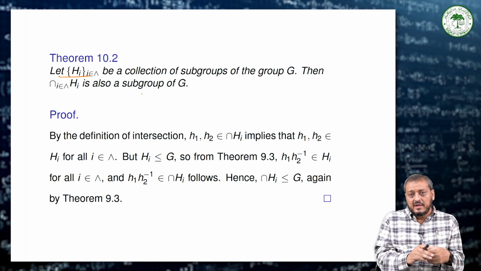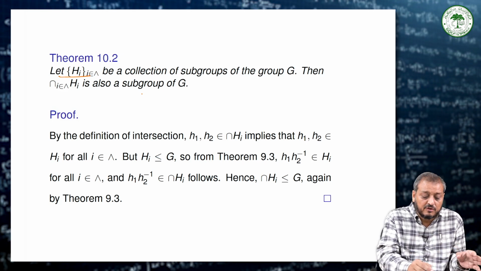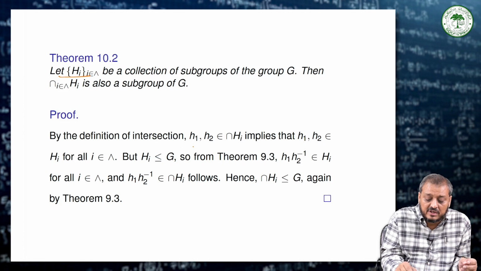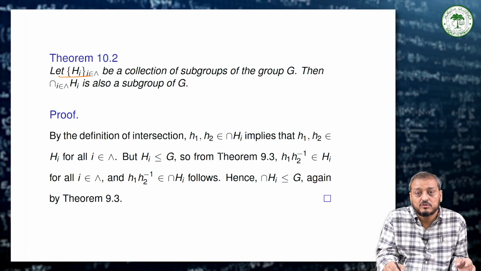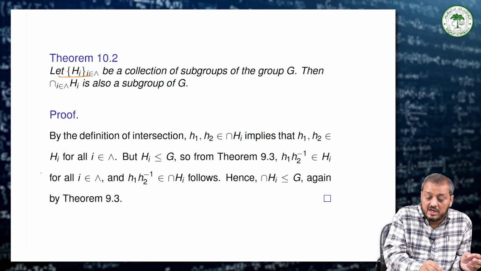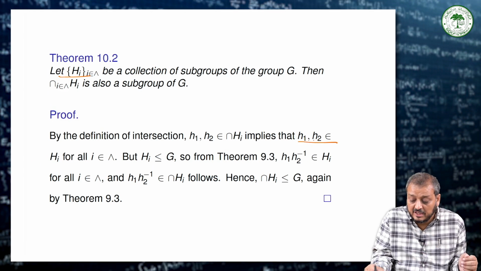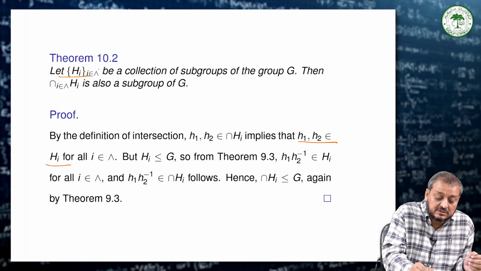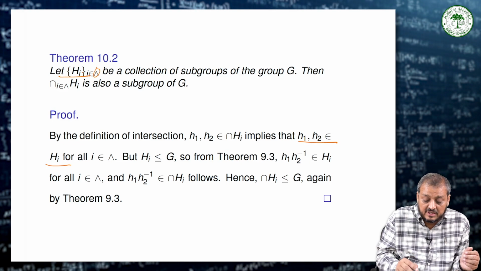By the definition of intersection, H1 and H2 belonging to the intersection of Hi implies that H1 and H2 are elements of each Hi, where I is the index set.